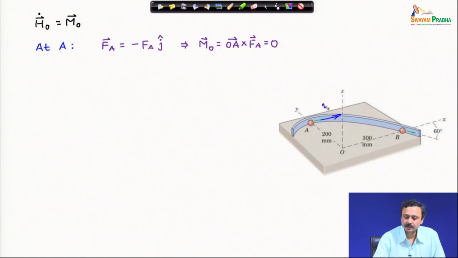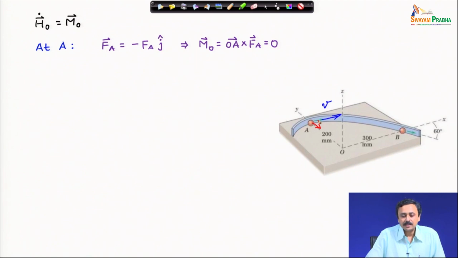This is the velocity and the force that acts from the wall, from the rail, is in the negative y direction. That is why we write F A is equal to minus F A, where F A is the magnitude and j is the direction, minus j is the direction.